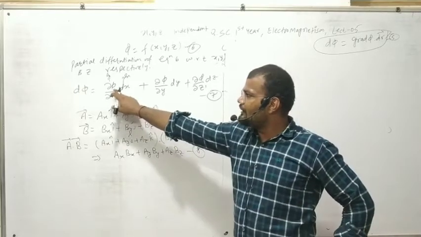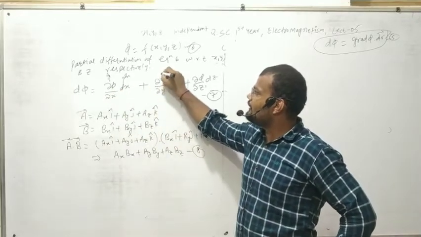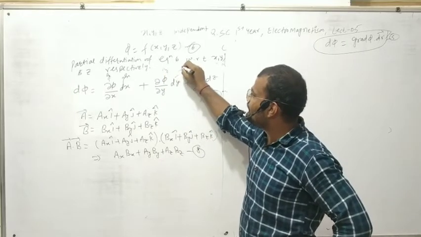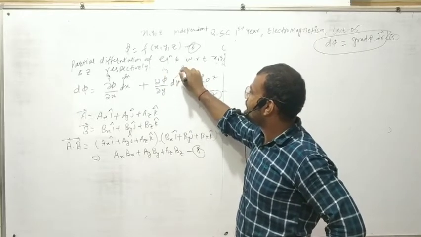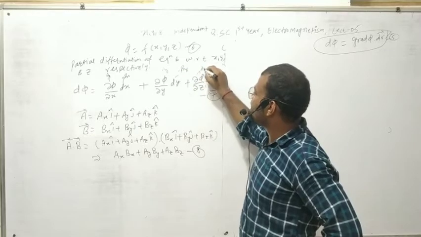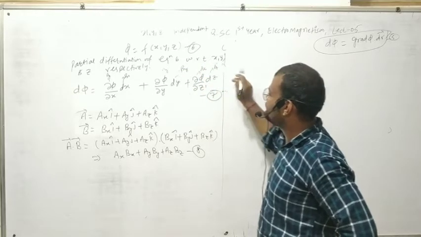So this will be your Ax Bx, this will be your Ay By, and this will be your Az Bz.